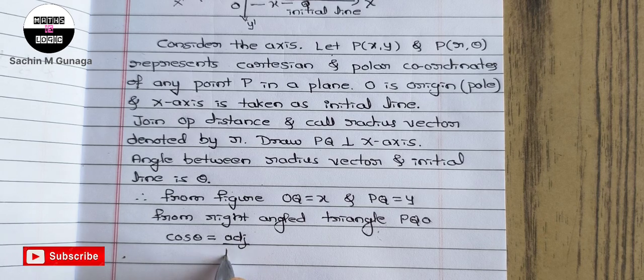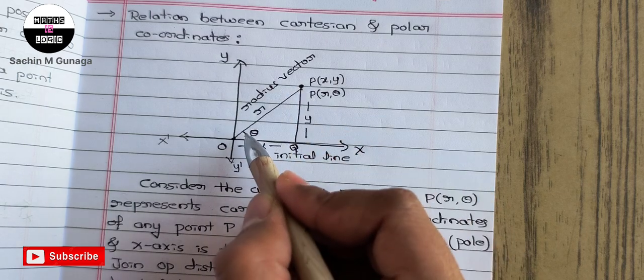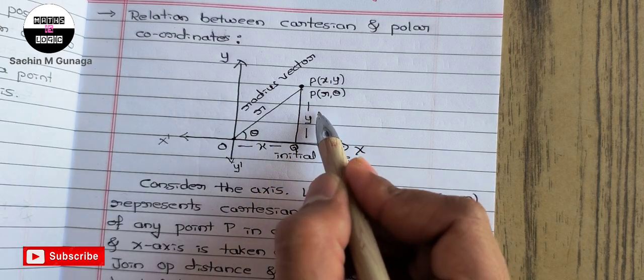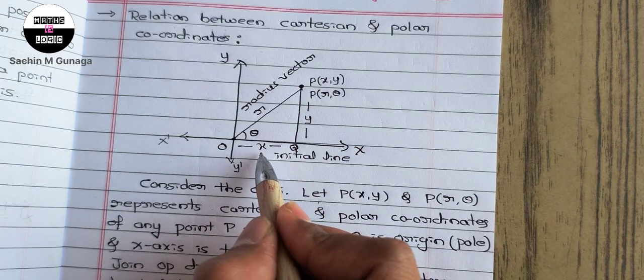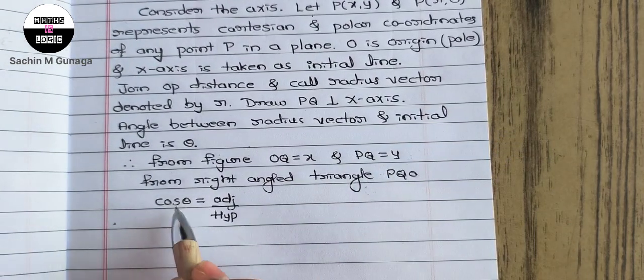We know this is the hypotenuse side, opposite to angle θ is the opposite side, and this is what we call the adjacent side. So adjacent divided by hypotenuse gives cos θ.